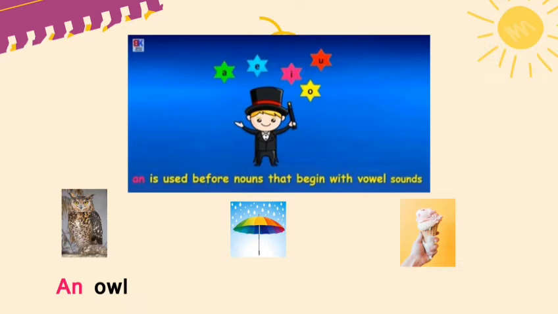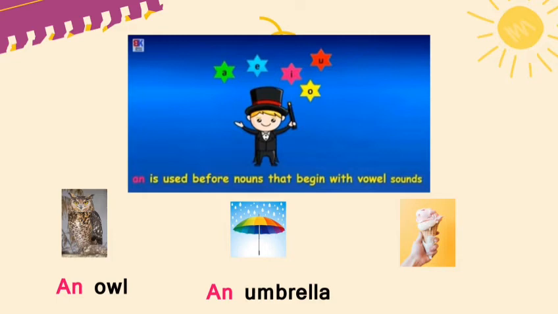The second one is umbrella. Umbrella, the beginning sound is U and the spelling is U-M-B-R-E-L-L-A, umbrella, and we write it as an umbrella.